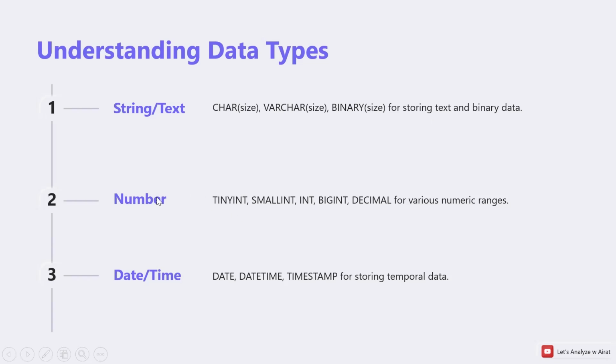Under the numbers data type, we have tiny integer, small int, big int, and decimal for storing numerical ranges. Also for the date or time data type, we have the date, time, and timestamp for storing temporal data.